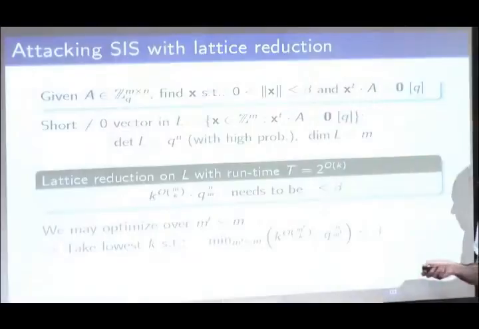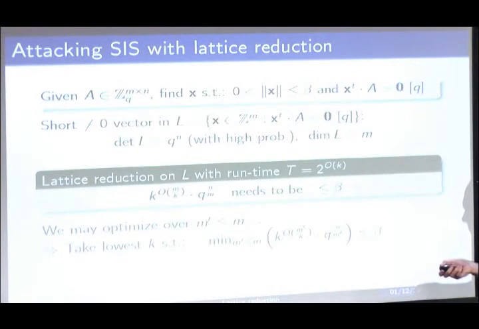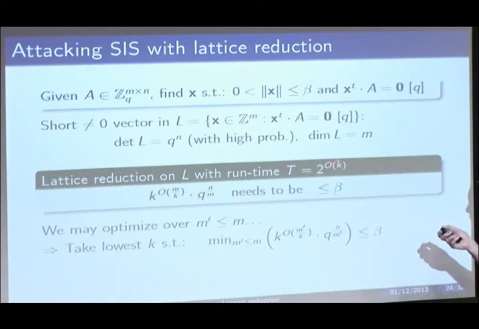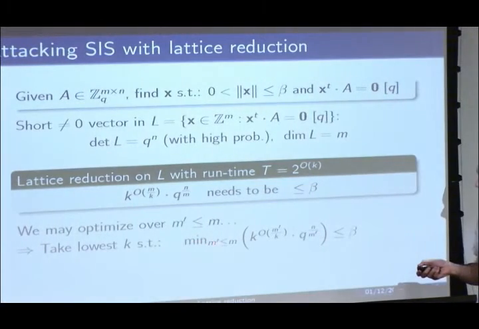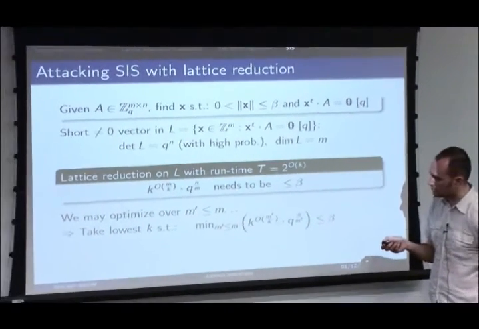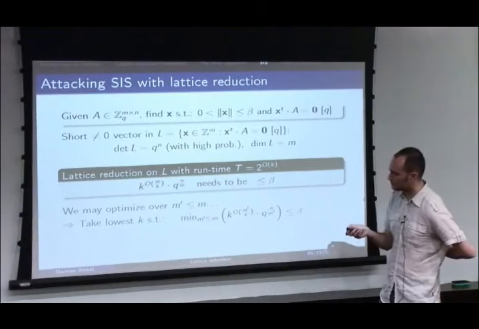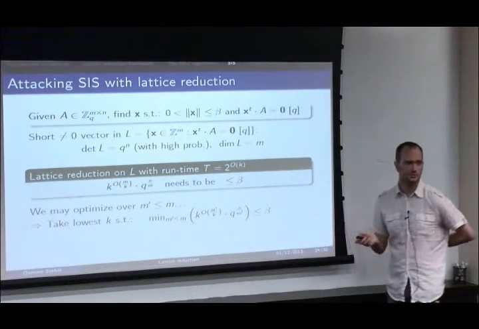My goal is to find the lowest k, so to pay the smallest amount of time, such that the minimum over all m prime smaller than m of this function is smaller than beta. This is just applying the lattice reduction rule of thumb, and then we can solve for this formula.